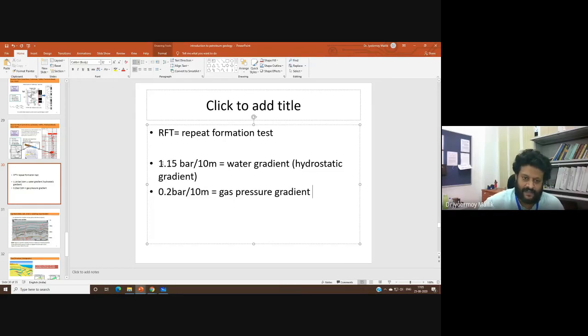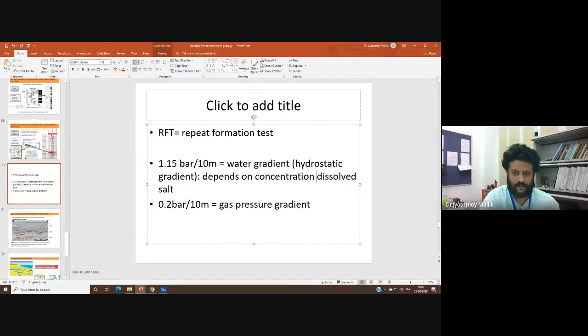Now, this 1.15 bar per 10 meter, is this constant? Not particularly. The water gradient depends on the concentration of dissolved salt in water.